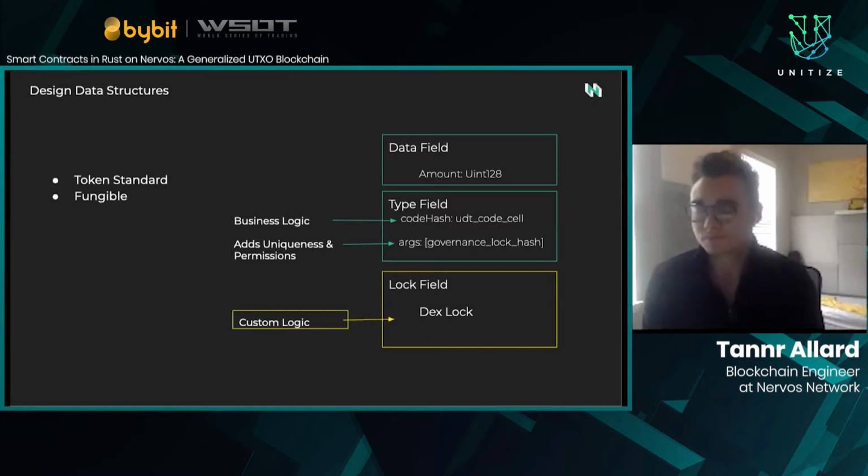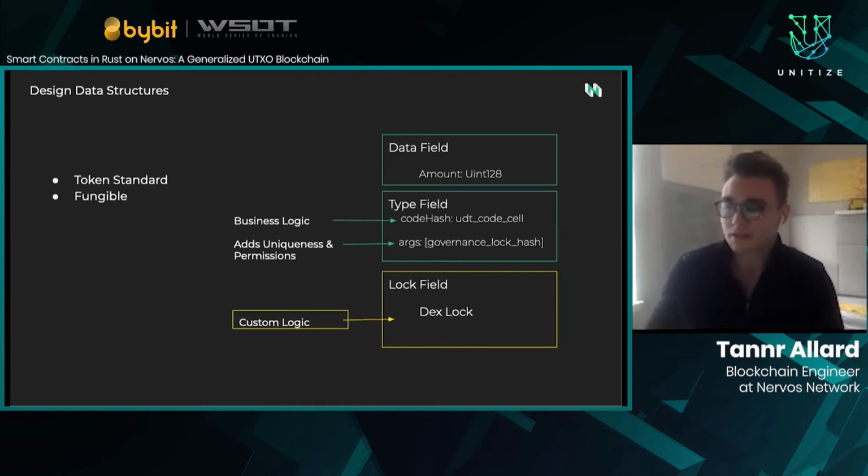So in our particular case for the simple DEX, which is, like I said, really just an issuance lock, a way to purchase tokens, we're going to have the custom logic on the lock field.